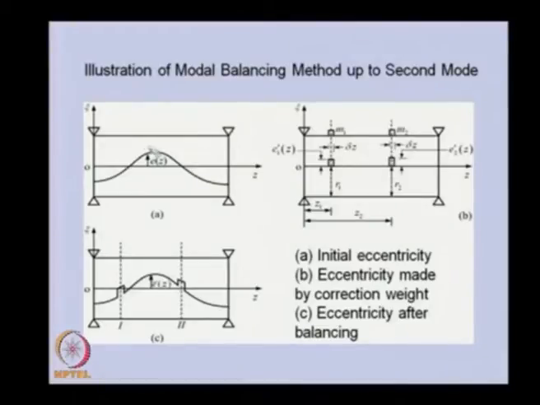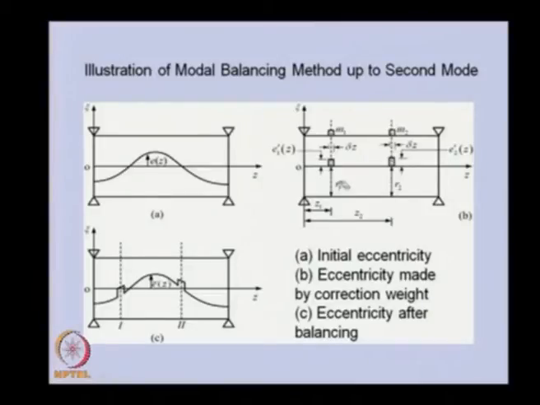So we will be taking two planes. Here, this is the shaft, and we will be taking plane one and plane two. M1 and M2 are, let us say, correction masses which we are keeping in these two planes. In this rotor we have not shown the eccentricity; this step kind of thing is the eccentricity corresponding to the mass which we have put at the outside of the rotor, because the rotor has radius R1 and R2.